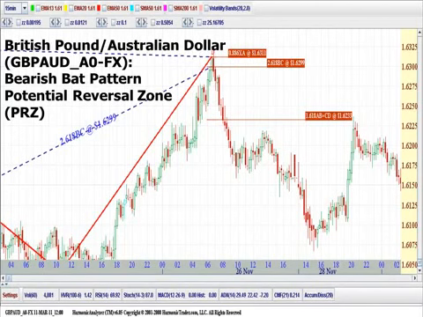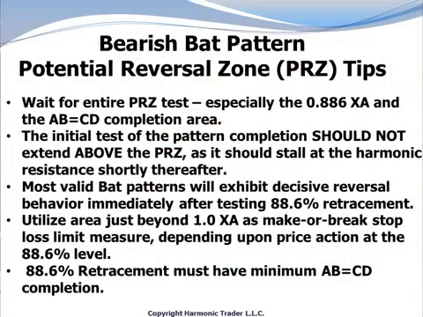But as we will see when we get into the trade execution webinar, the best way to handle these trades is first wait for the pattern to complete, look at the next price bar after the entire zone has been tested to look for those early indications of the validity of the structure. In this case, immediately after testing the most critical number in the zone, the 0.886, the price action stalled and reversed quickly thereafter.